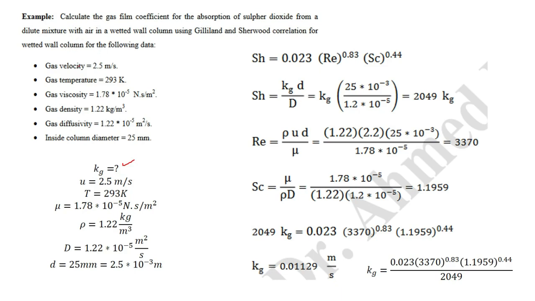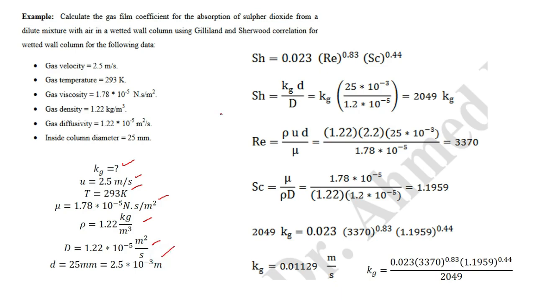Gas velocity is 2.5, temperature is 293, viscosity is 1.78 into 10 raised to power minus 5, density is 1.22, diffusivity is 1.22 into 10 raised to power minus 5, column inside diameter is 25 mm.